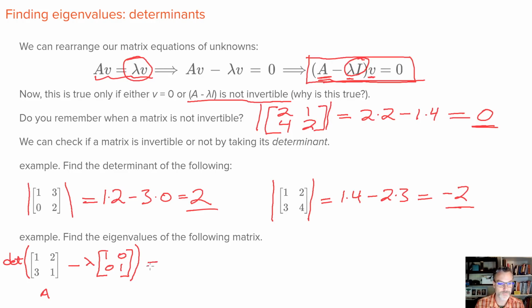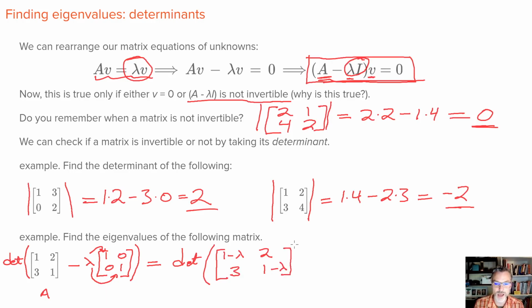Either is good. First, what I'm going to do is this matrix subtraction. Remember that when we have constants, they multiply all the entries of the matrix, so this is just going to be lambda 0, 0, lambda. And when I do that subtraction, I get 1 minus lambda in this entry, then 2, then 3, and then 1 minus lambda down here.